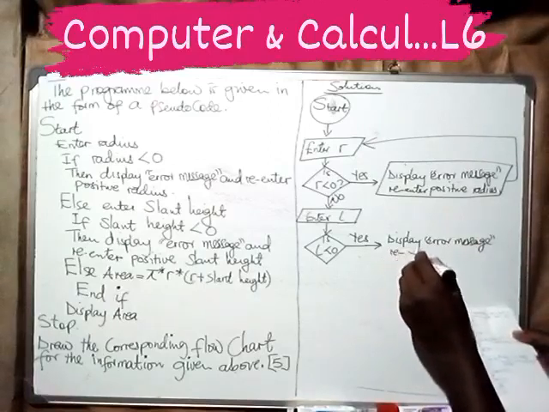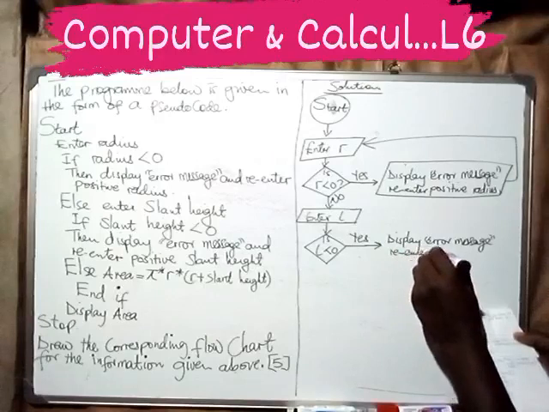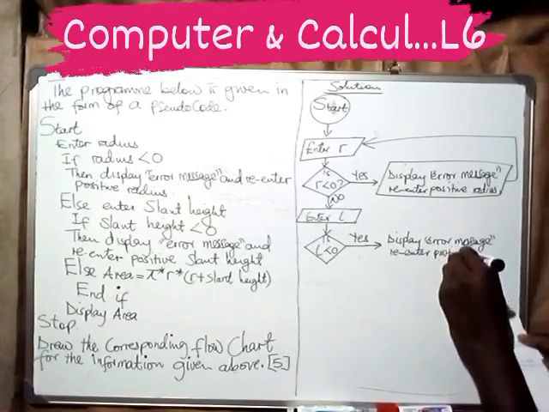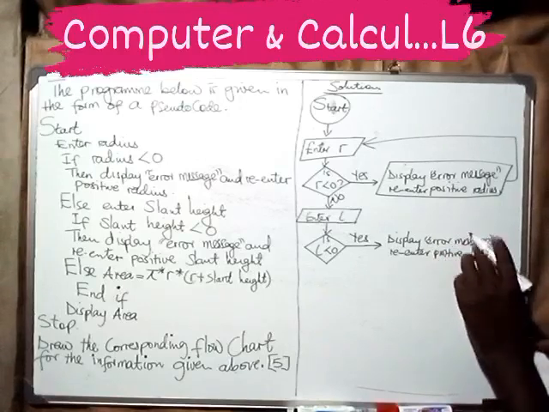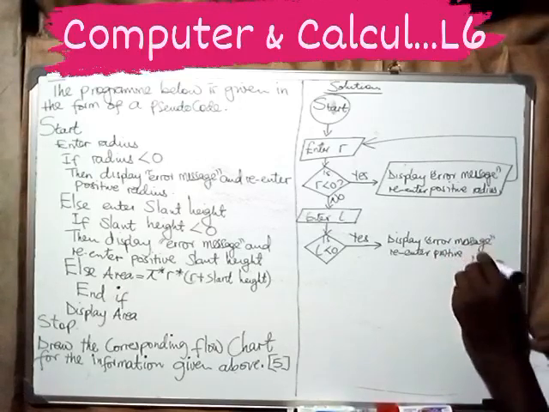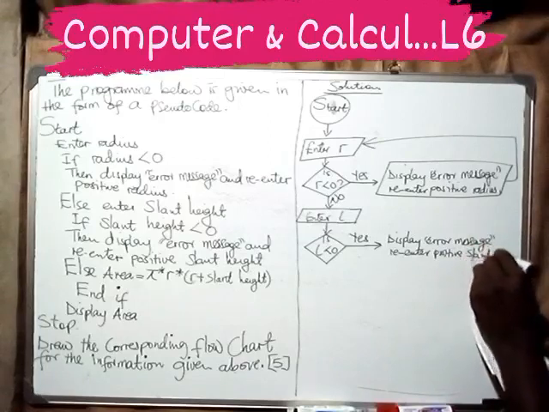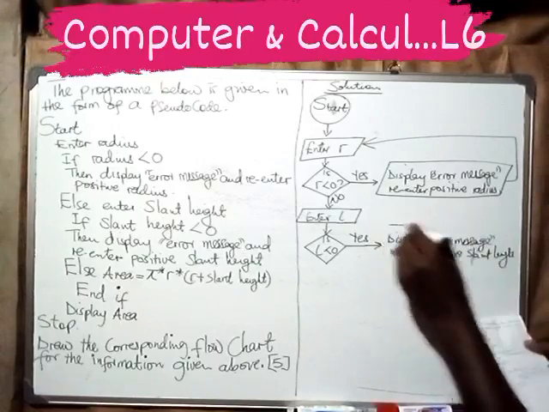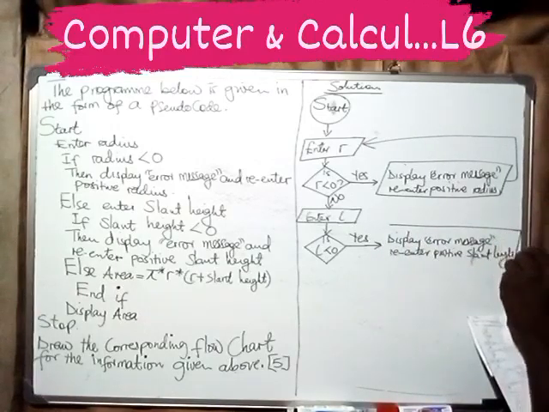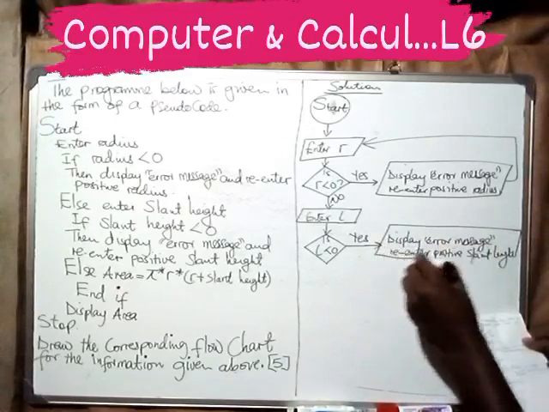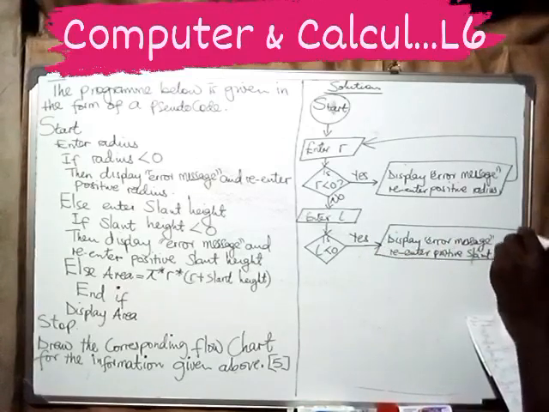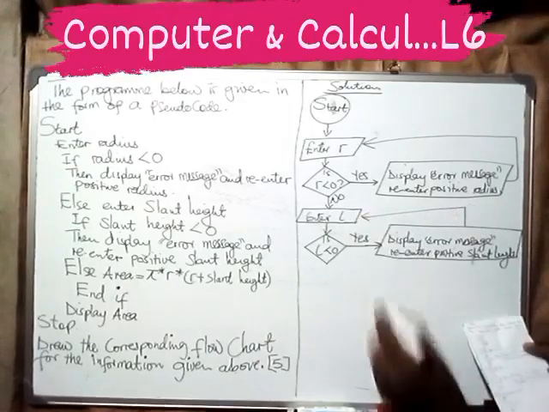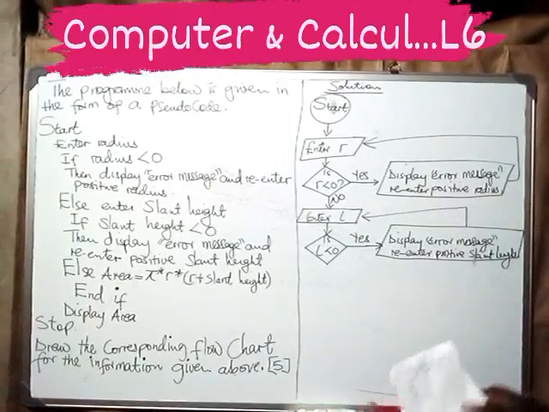Then you will enter positive slant height. You can write the words slant height. You will enter slant height, meaning you come back to the enter there, to enter the slant height.